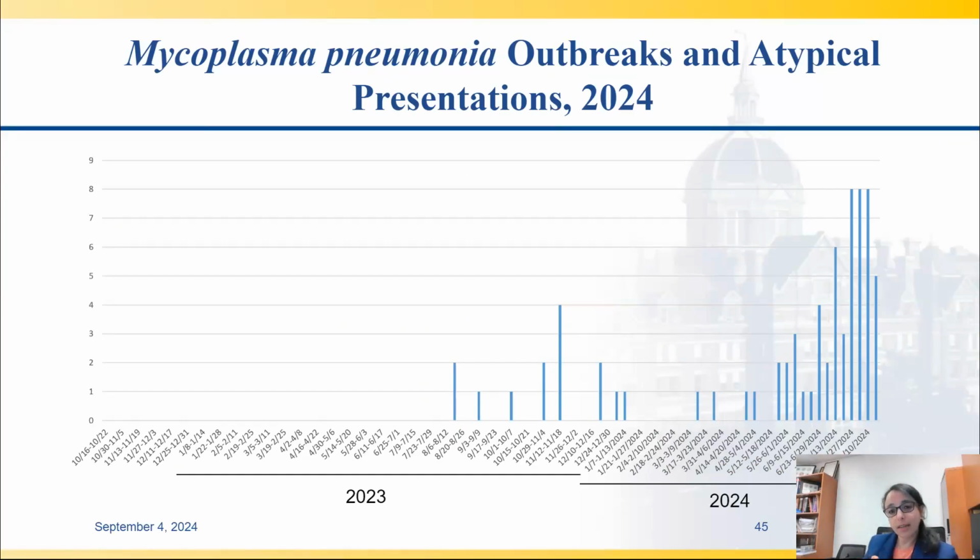But then, using here the Mycoplasma pneumoniae outbreak as an example, occasionally we should expect to see outbreaks of targets that can recur maybe every many years and also show up with some abnormal presentations that might be missed if a syndromic panel was not used, if your target was not in the differential.